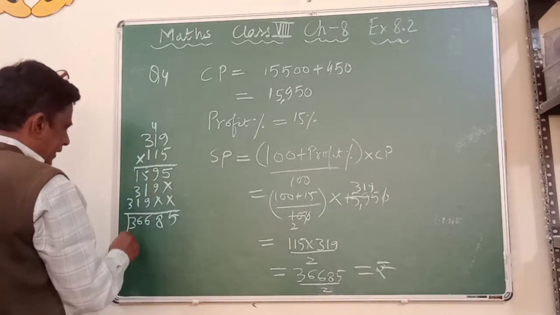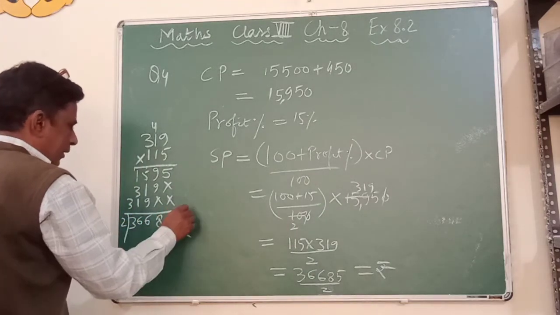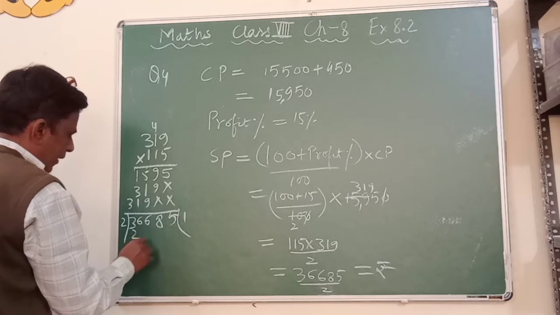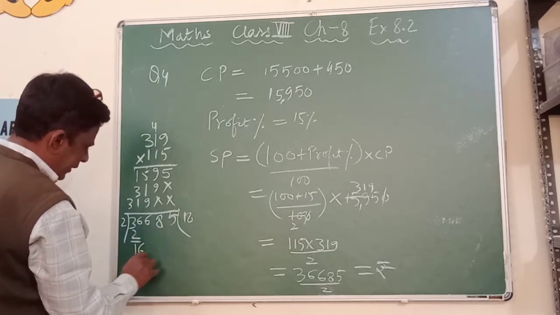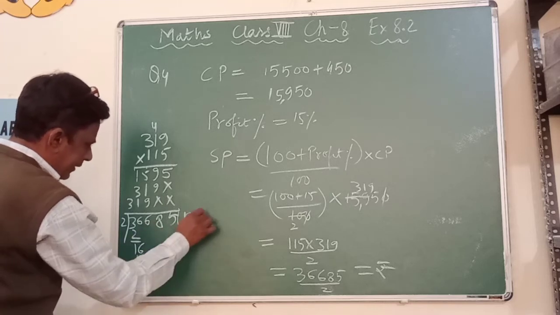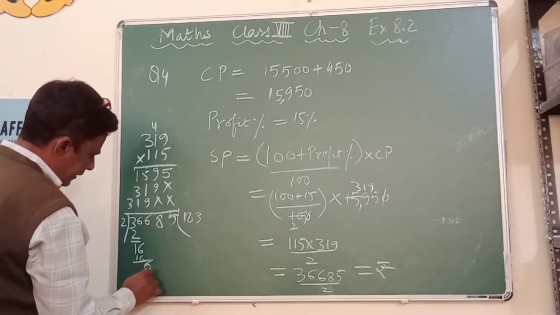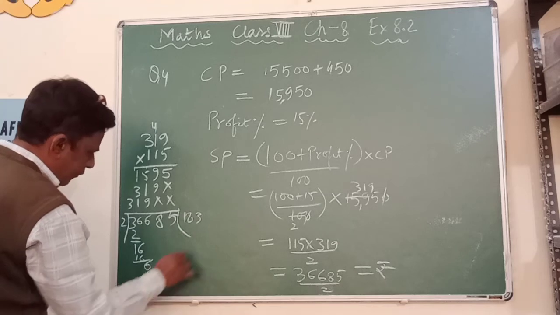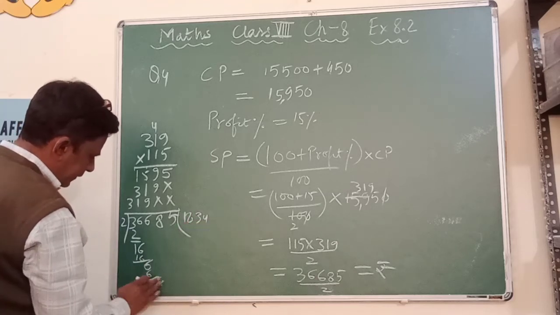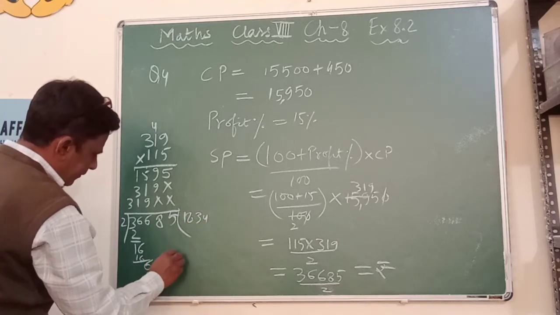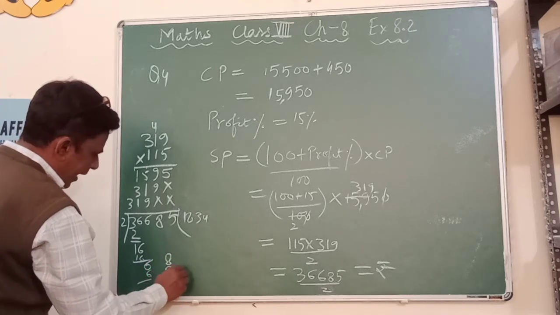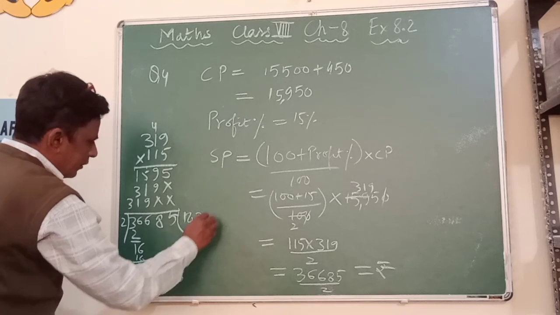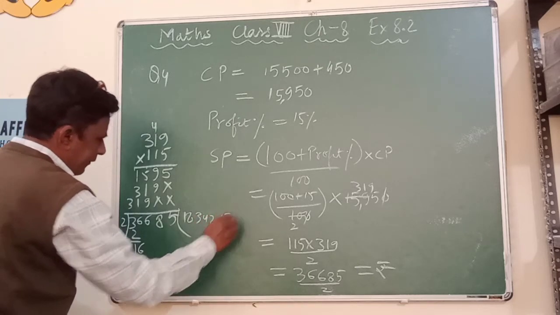When we divide this number by 2: 2 ones are 2, 2 threes are 6, 6 is carried, 3 times. 2 sixes are 12, 2 eights are 16, 8 four times, then 5, 2 times, 0.5.